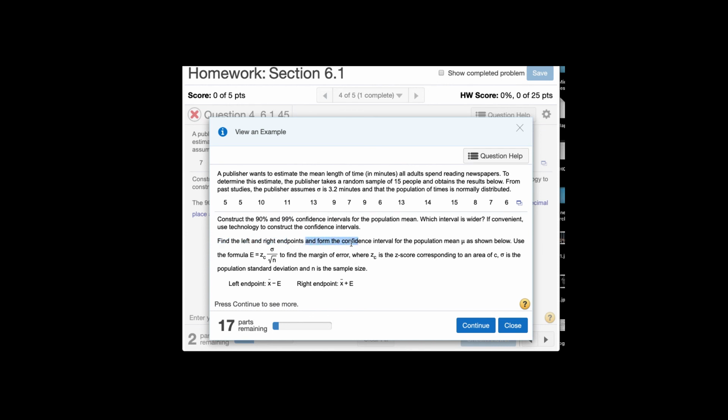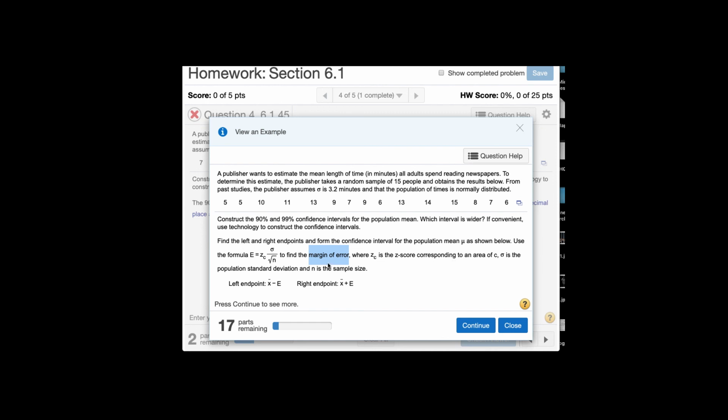We use this formula to find the margin of error. The margin of error is basically ZC times sigma over root n. C is 90%, and ZC is the z-score of that.